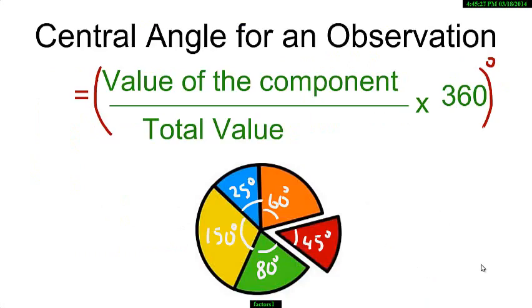Thus, to calculate the central angle for any observation, we find the value of the component divided by the total value into 360 degrees. This formula helps you find the central angle for any observation.